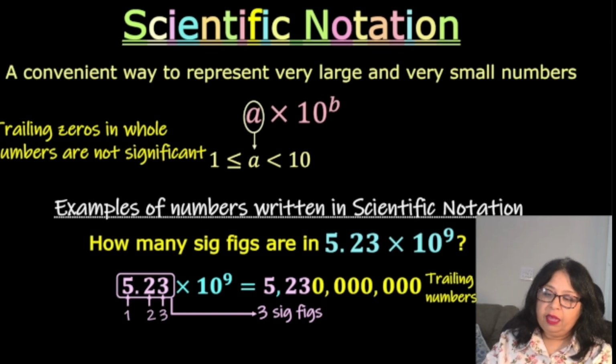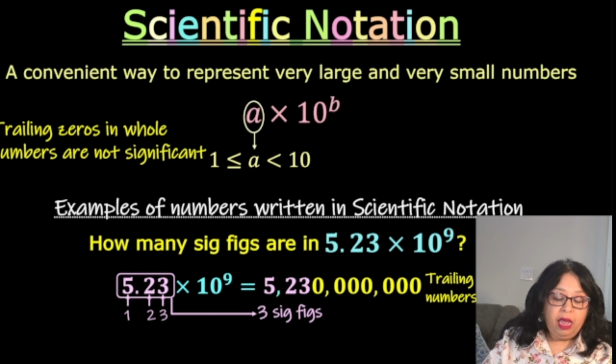So, once again, scientific notation is a very convenient way to represent numbers that are either very large or very small, or both. And secondly, all the digits in the coefficient a of a number written in scientific notation are significant. After this, we're going to look at several examples now.